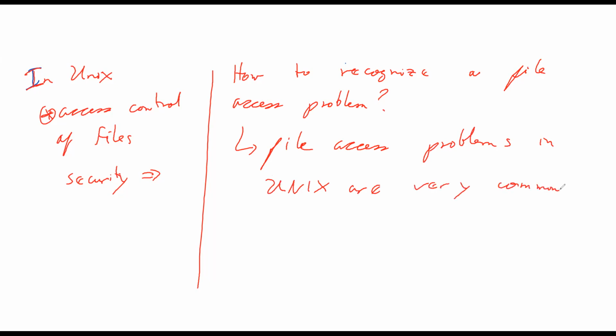What that means is that a lot of the time when you have a problem and it's not working and you're confused, why is this not working, it should be, a lot of the time it's because of file access problems. The access control is not correct.